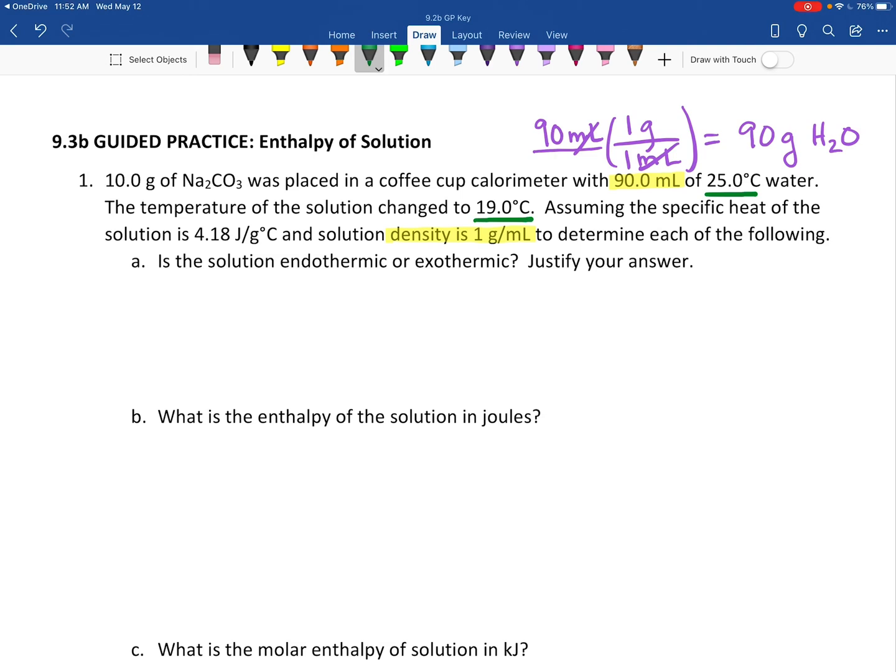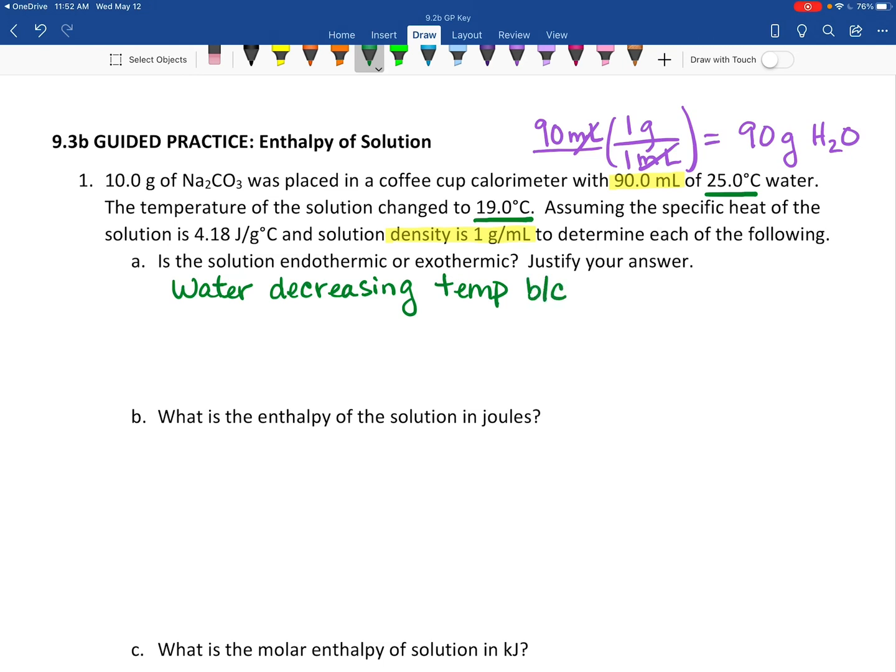So what we know is that the water is decreasing in temperature. I'm just going to write what I noticed first. The water is decreasing in temperature because the process of the solution forming is absorbing heat from the water.